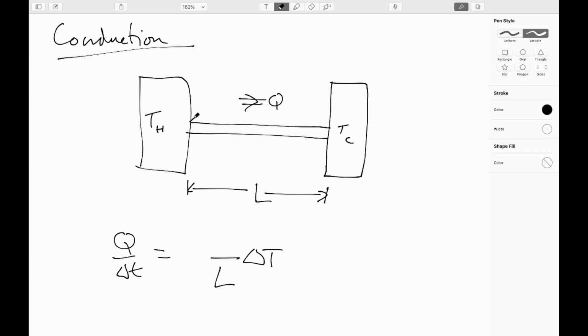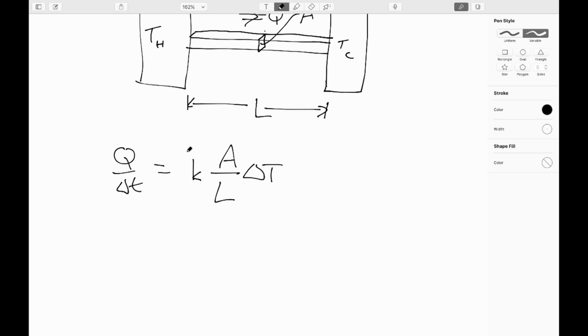On the other hand, the cross-sectional area should go directly as, because you can be multitasking and having multiple collisions between adjacent atoms at once. And then finally, we'll need some sort of fudge factor that takes into account all the details of the molecular bonding and stuff like that. We will call that fudge factor the thermal conductivity of the substance.